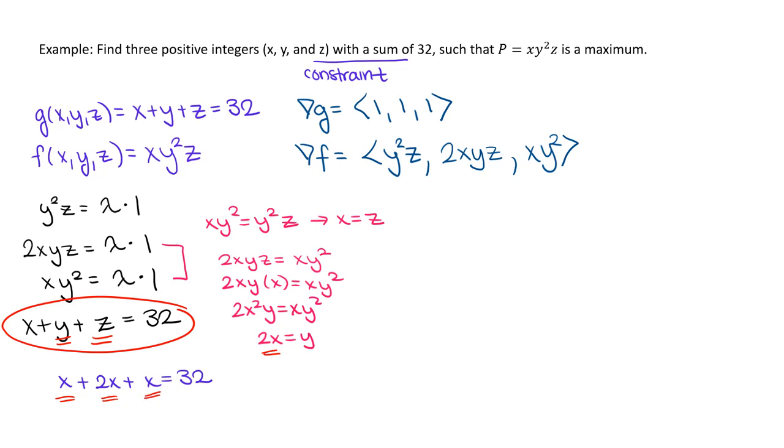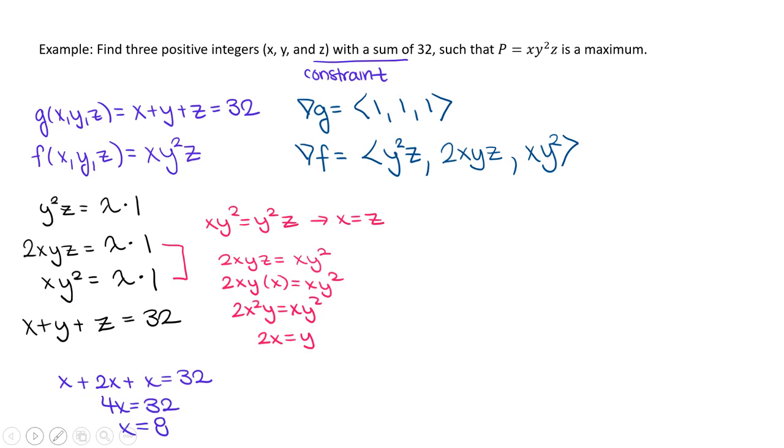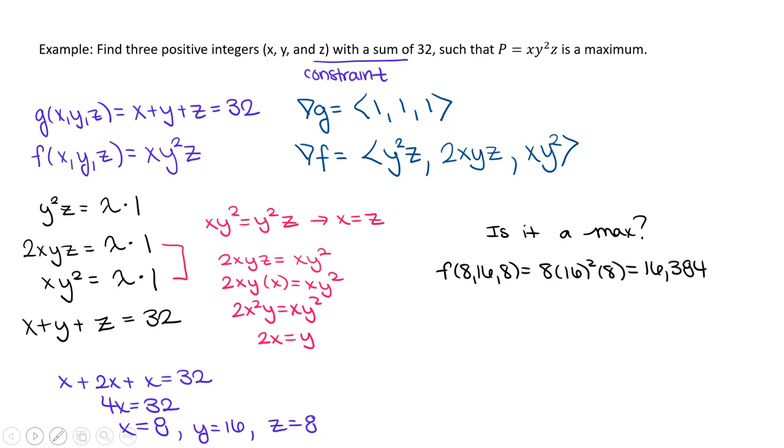So that means x plus 2x plus x is 32. So 4x is 32, or x is 8. And then if y is 2 times x, y would be 16. Z is the same thing as x, so z is 8. So it looks like my answer is going to be 8, 16, 8.